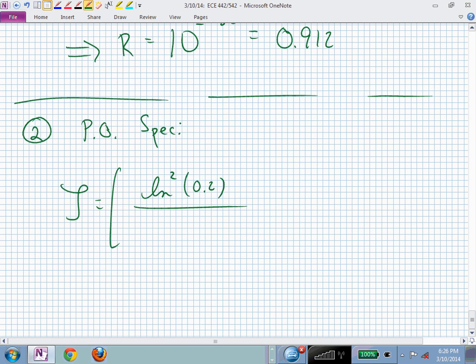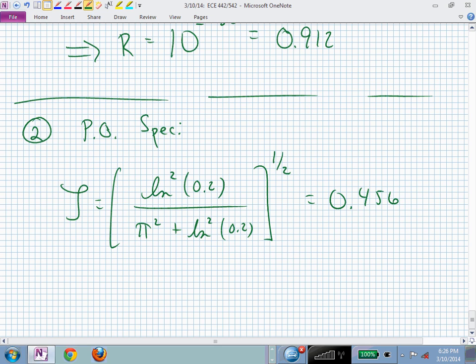So we have natural log squared of 0.2, pi squared plus natural log squared of 0.2 again, and don't forget to take the square root of that whole expression. That's our zeta value, and for a 20% overshoot, that's a zeta value of 0.456.